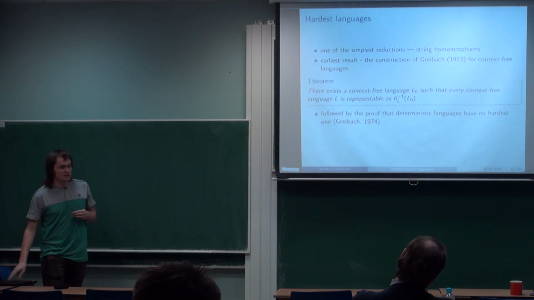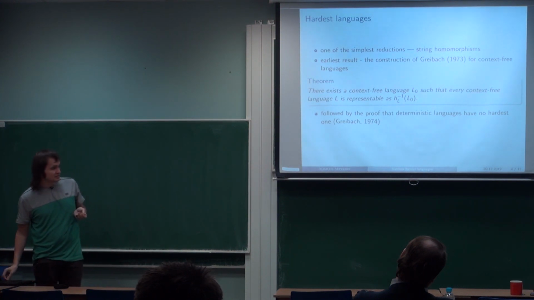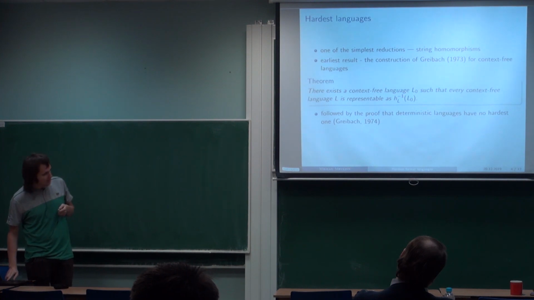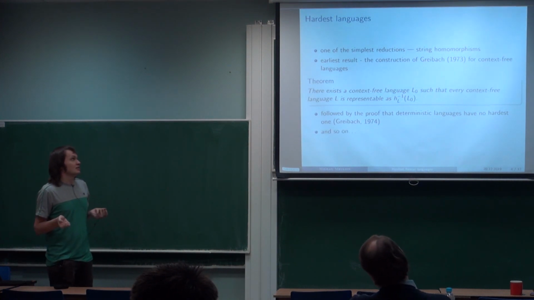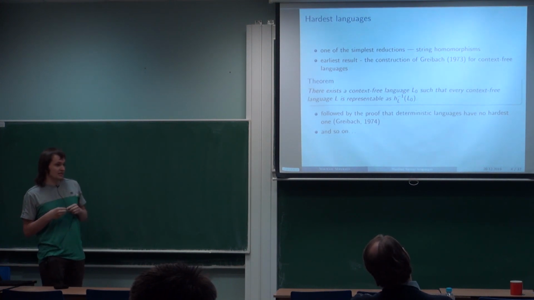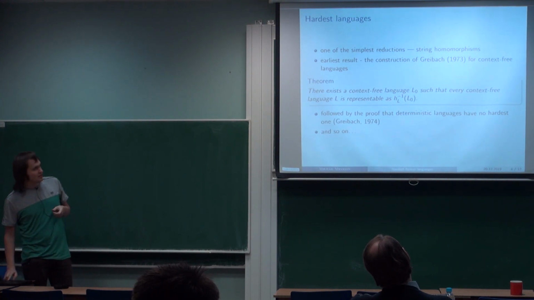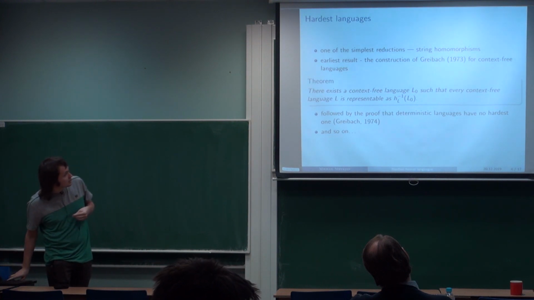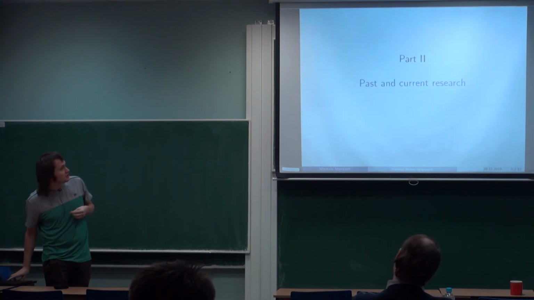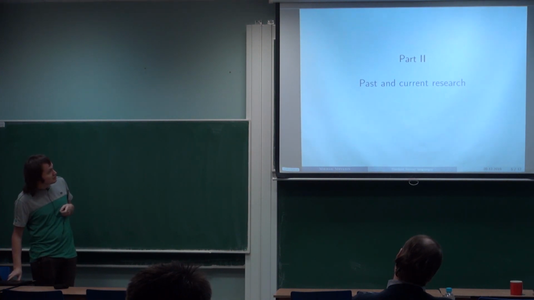Soon after, it was proved that deterministic languages have no hardest one, and then in 1977, Boasson and Nivat proved that linear languages, which are a subset of context-free, also have no hardest one, which brings us to modern times.